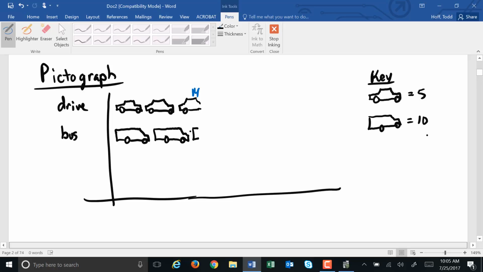Well, what's that stand for? 21, 22, somewhere in there. We'll call it 22. But you notice it doesn't take up any more space than the 3 cars with the 14 people.